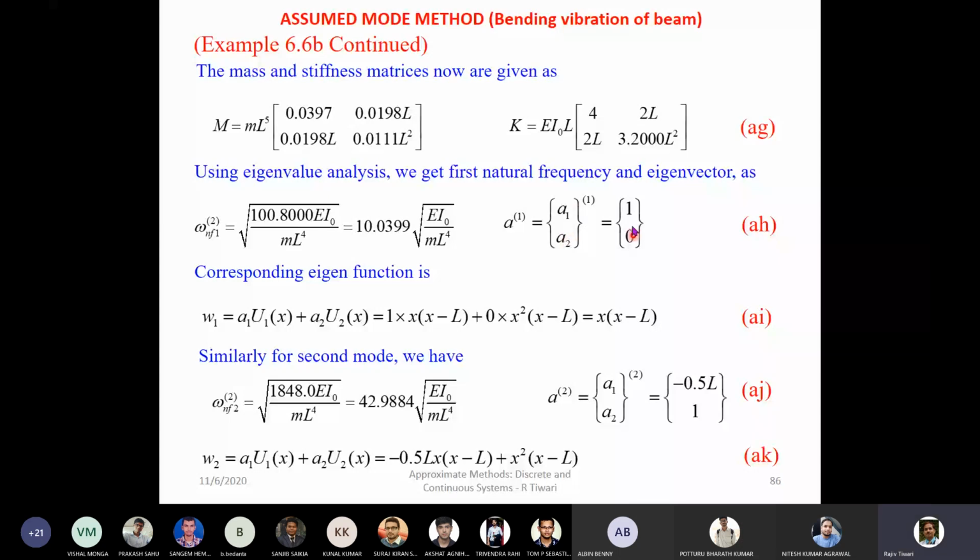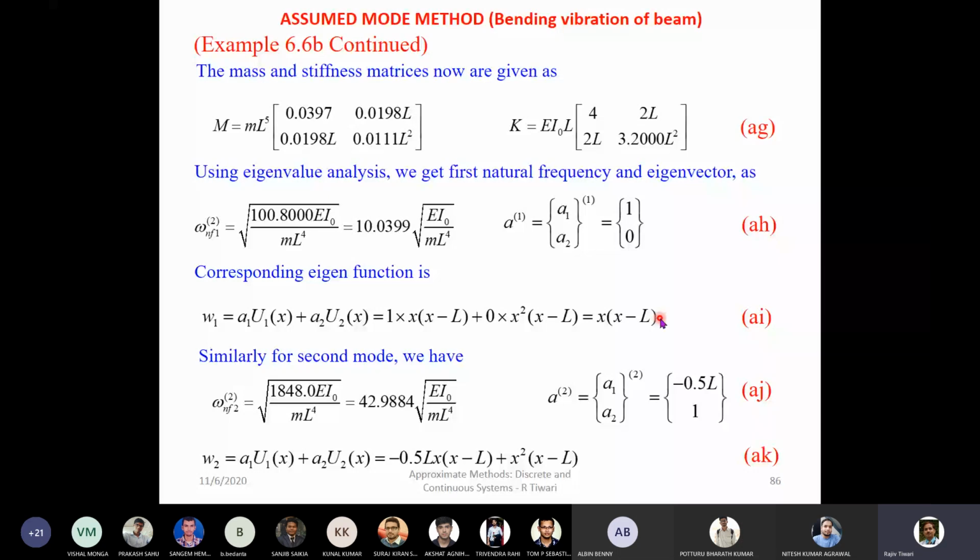So now you can see whatever we have chosen earlier for the eigenfunction: this is the admissible function, the second admissible function, multiplied by the generalized coordinate. So we need to substitute this vector which we obtained here. A1 will be 1, A2 will be 0. U1 is the first admissible function, and the second one is multiplied by 0, so only the first term is coming.